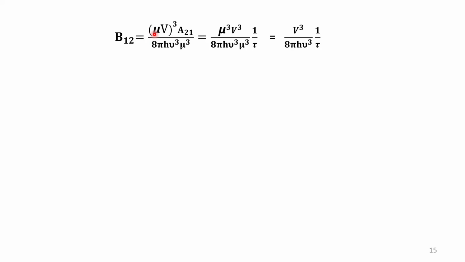mu into v, bracket cube, into A21 divided by 8 pi h nu cube into mu cube. By substituting the value of A21, we can write here mu cube into v cube divided by 8 pi h nu cube into mu cube into 1 upon tau. So we get B12 equal to v cube divided by 8 pi h mu cube into 1 upon tau here.